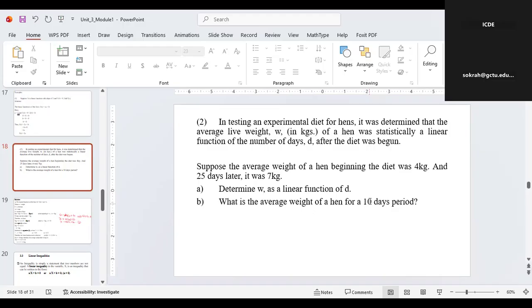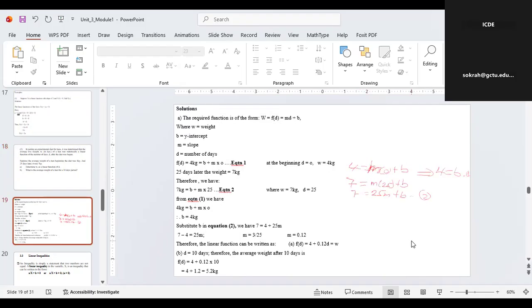Where you see D, you substitute 10 for D and solve. That's all. So the main work is what you have done in A. So let's see how that worked out.